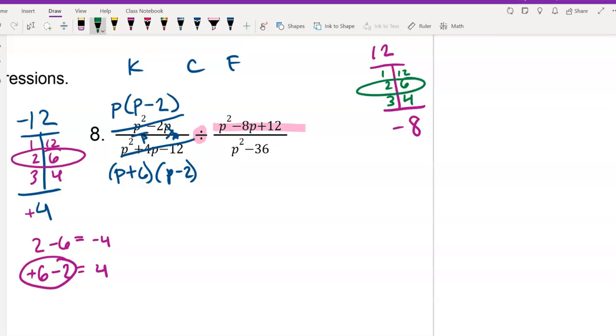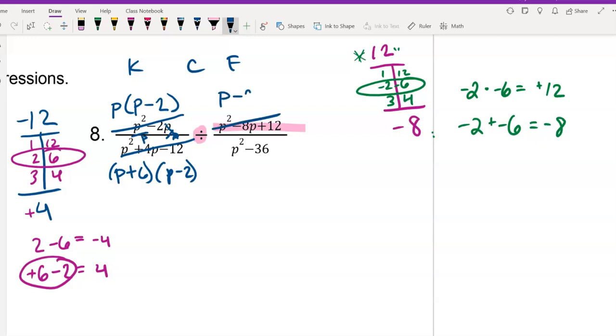Now, these two numbers need to multiply to a positive 12, but they need to add up to a negative 8. So these numbers are both going to be negative because negative 2 times negative 6 is a positive 12, and negative 2 plus negative 6 is a negative 8. Those are our numbers here. That's what we need. This is going to be p minus 2, p minus 6.